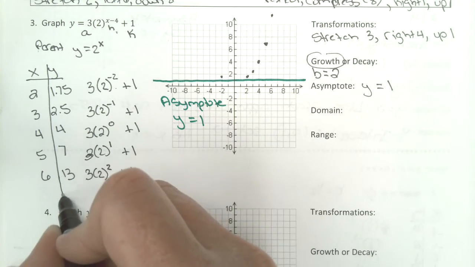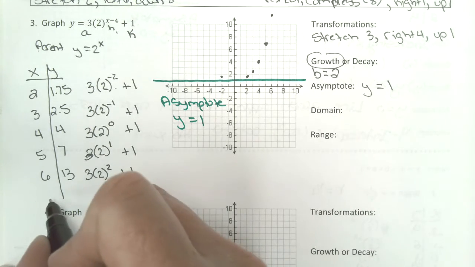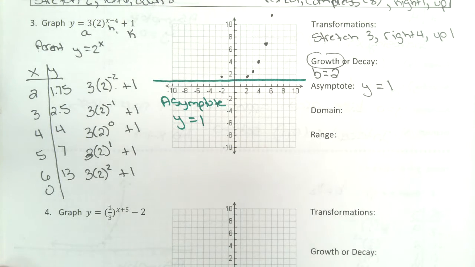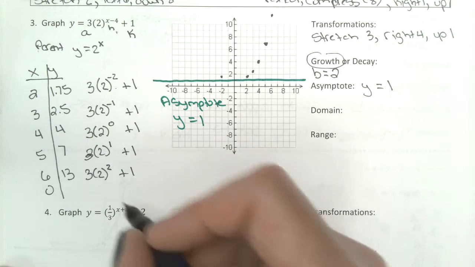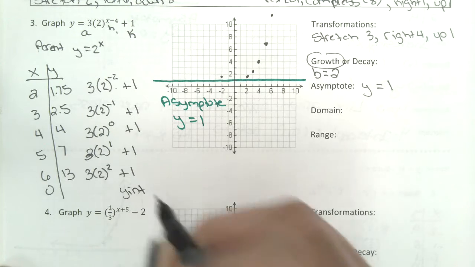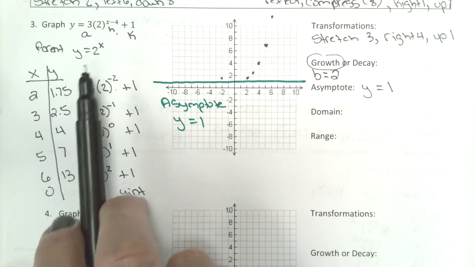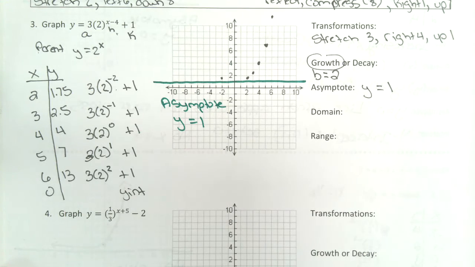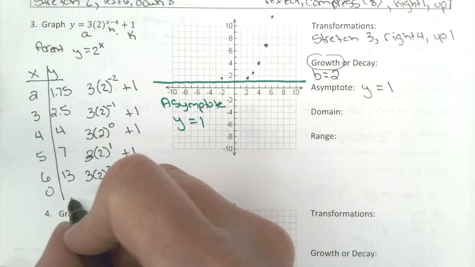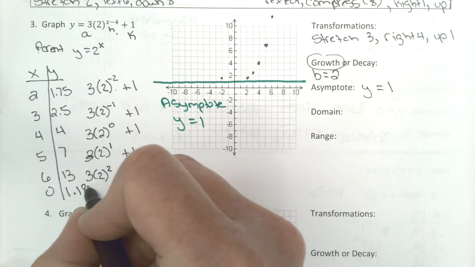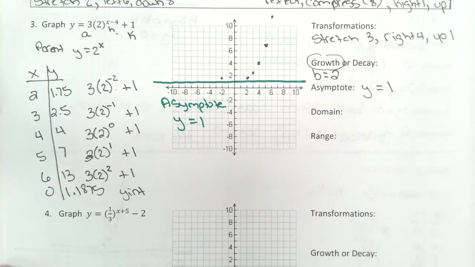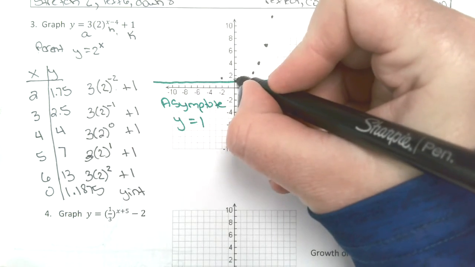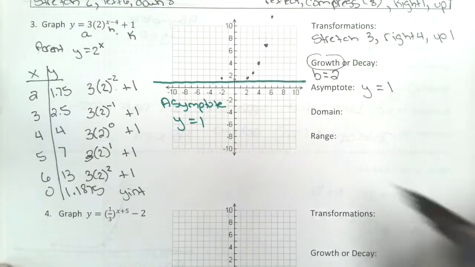Let's see. I'm curious what the y-intercept is. So you could always plug 0 in if you want to find your y-intercept. So I did 3 times 2 to the negative 4 power plus 1, and I got 1.1875 in my calculator earlier when I did that. So it's just like right there.